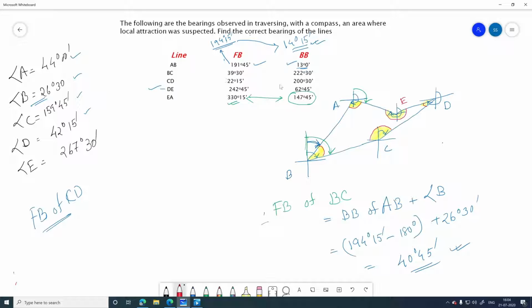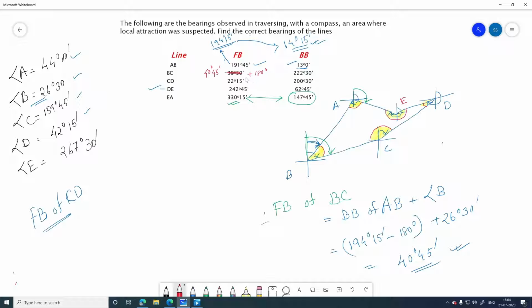That means the forward bearing of BC is what we have just corrected, that is 40 degree 45 minutes. So in this place we will write 40 degree 45 minutes. If this is 40 degree 45 minutes, what will be the corrected back bearing? We need to add 180 degree over here.